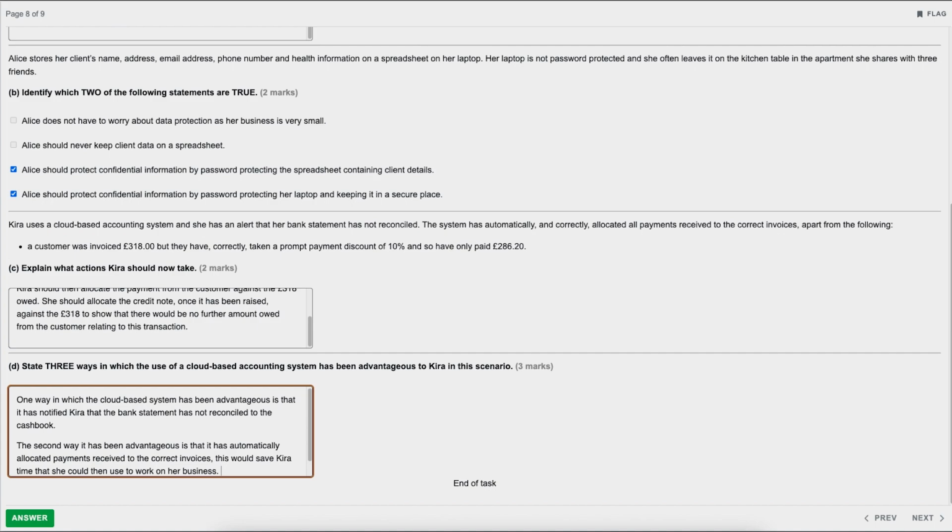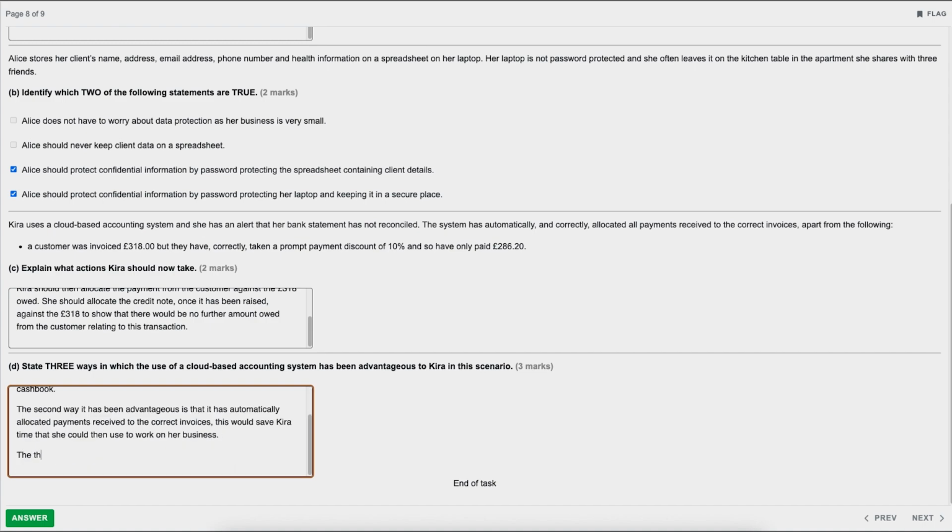So then the last point, we would refer to the actual credit note that we need to raise, because she wouldn't know that she needed to do that without manually doing this process, and it would be a lot harder to identify yourself without the system automatically flagging the transaction that's not reconciled.